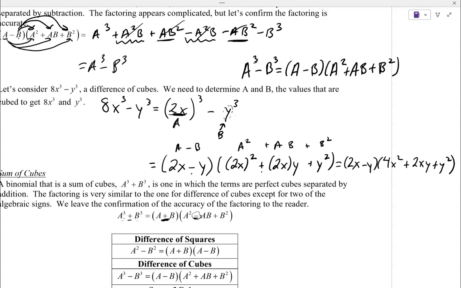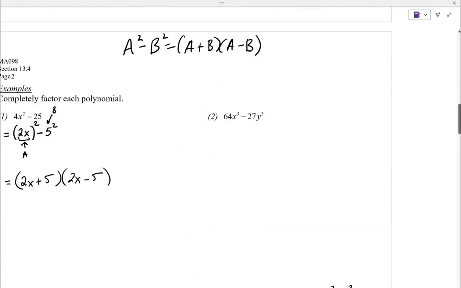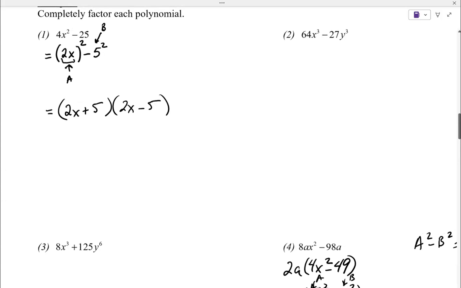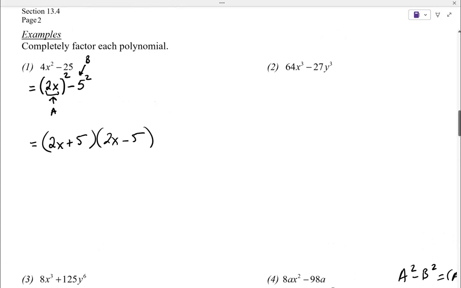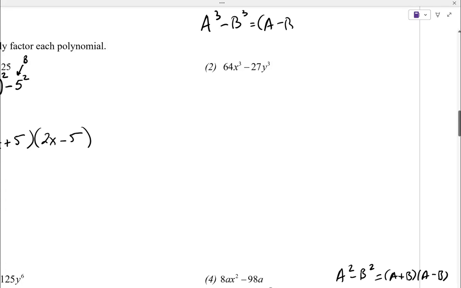Okay. All right, so let's see if we can apply these to the examples that we have on here. I'm going to rewrite it on the top of my page here. A cubed minus B cubed is A minus B times A squared plus AB plus B squared. And then opposite sign in the middle for the other.